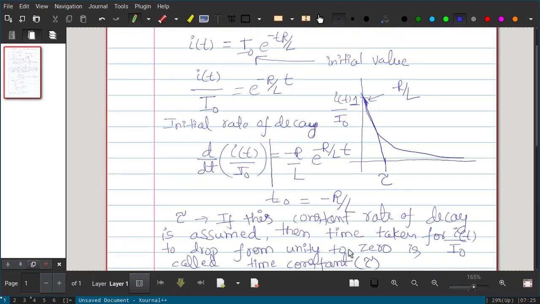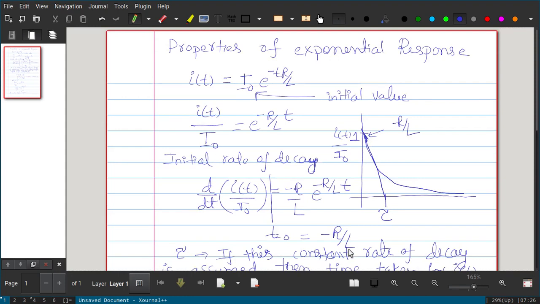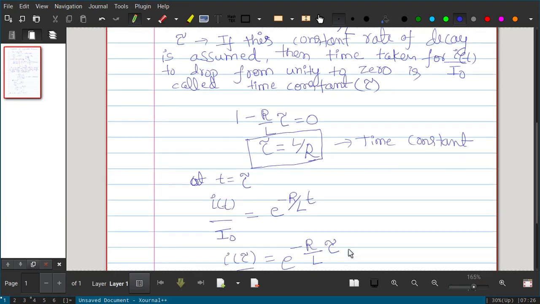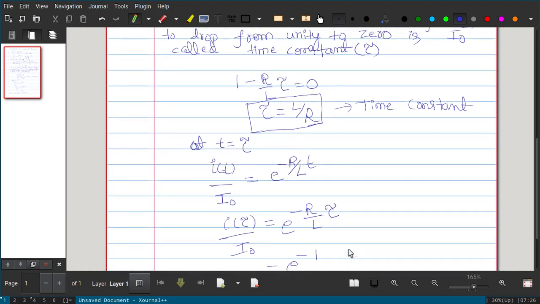Now we will come back to the original equation and substitute this time constant in it. What is the original equation? I of t is I naught into e power minus R by L t. In this we will substitute that tau. So what we found now: if the initial rate of decay, that is minus R by L, is assumed, after tau time it will reach 0, but it will not happen actually, because it is decaying exponentially.